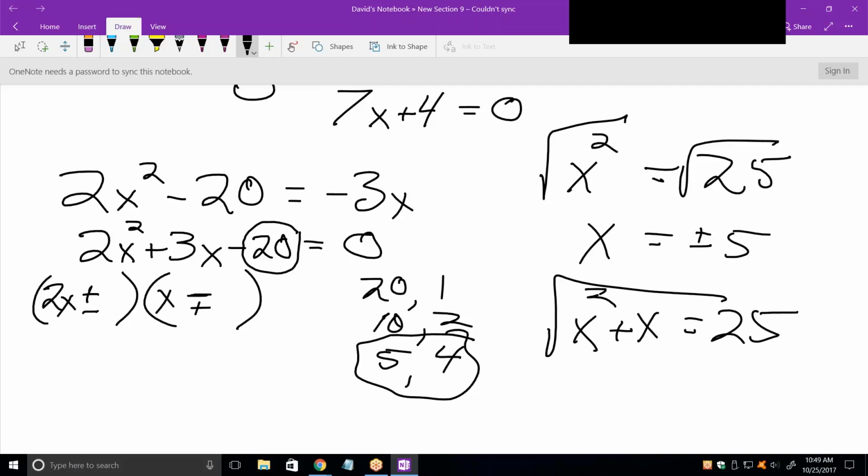So I'm going to start off with 5 there and 4 there. Now, does that produce the correct middle term? Well, you have to distribute it out to check. The middle term comes from the inside and the outside multiplied together and added.